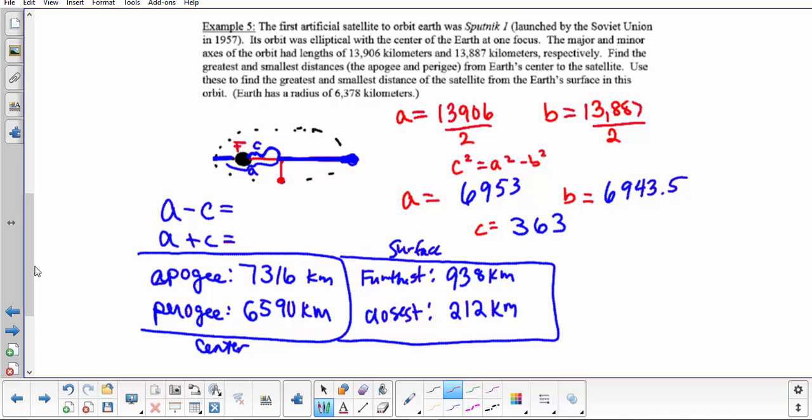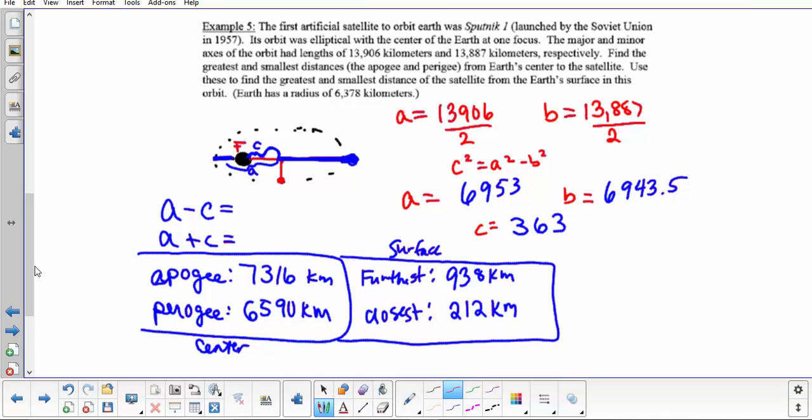The major and minor axes of the orbit had lengths of 13,906 kilometers and 13,887 kilometers respectively. Find the greatest and smallest distances, the apogee and perigee, from the Earth's center to the satellite. Use these to find the greatest and smallest distances of the satellite from the Earth's surface in this orbit. Earth has a radius of 6,378 kilometers.